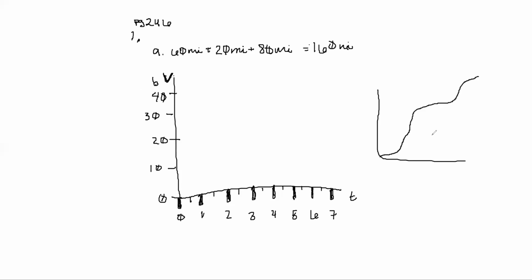But the point is that the distance graph is always going to be going up because we traveled from 0 miles to 160 miles. And so we were moving forward this entire time. The velocity, on the other hand, is basically the speed that we were going.